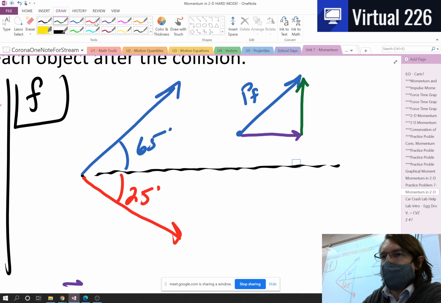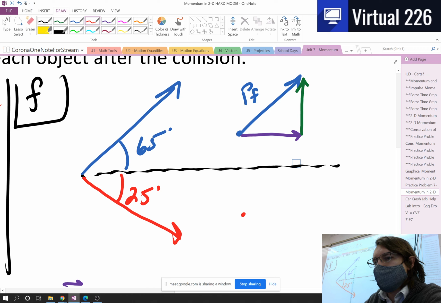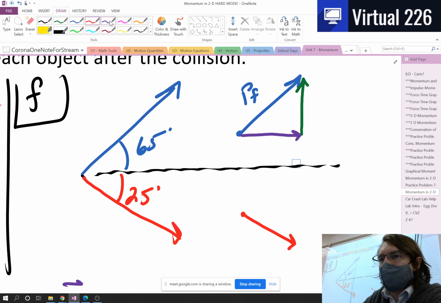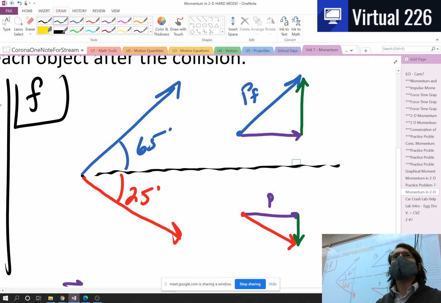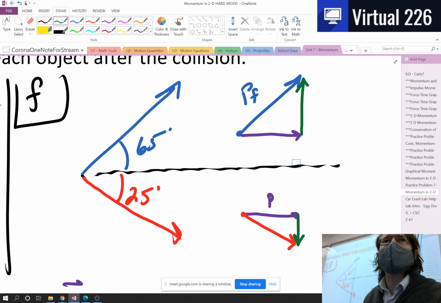Or, if you happen to be the bullet, or the tin can, its momentum's going down and to the right, which means it has some momentum going to the right, and it has some momentum going down. These are just vector components, which we could easily solve for using SOHCAHTOA.